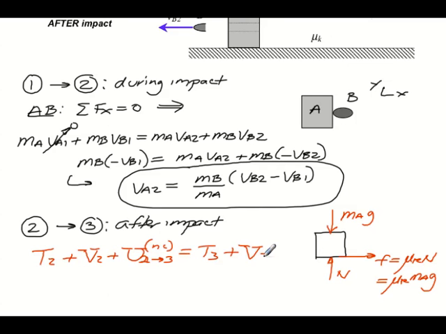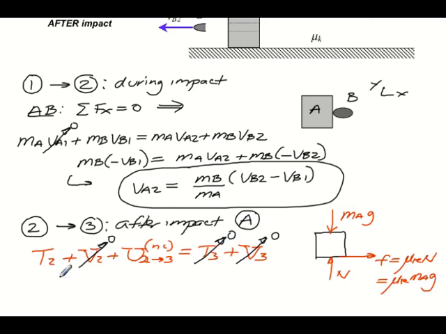Well, there's no change in potential. A is moving along a horizontal line, so there's no change in V. We're looking at A coming to rest, so T3 is 0.